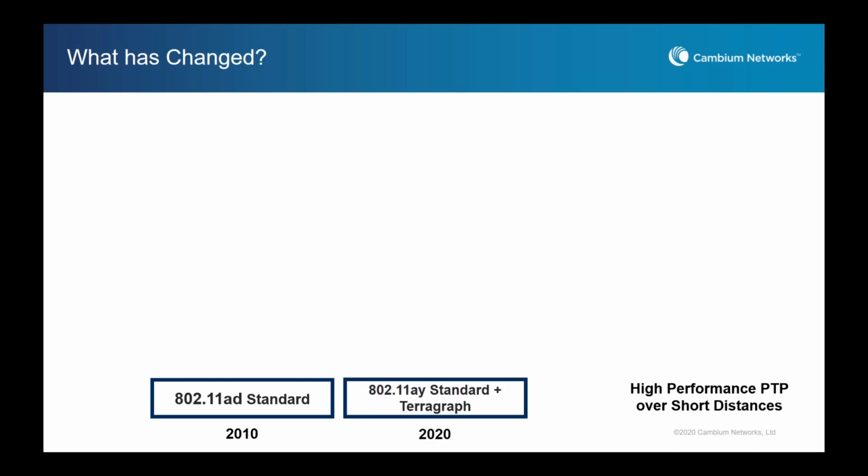Since then, the 11ay standard has come out. And as many people know, Facebook has worked with the standards to produce enhancements, which they call Teragraph. We've been working with Qualcomm and Facebook for over 3 years now, looking at this and how to bring a product to market.